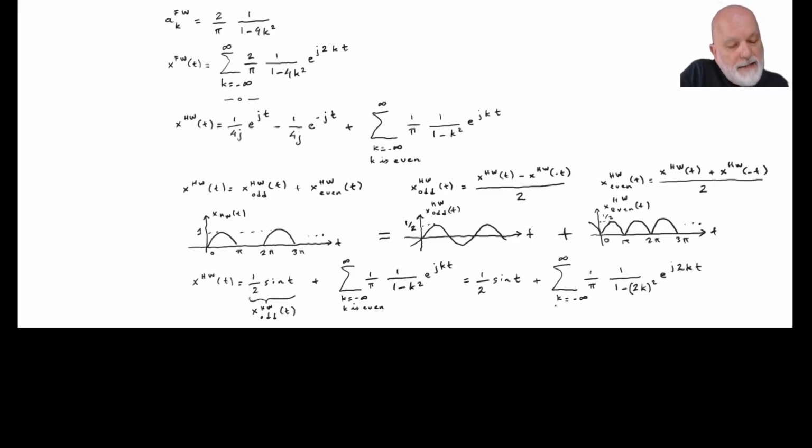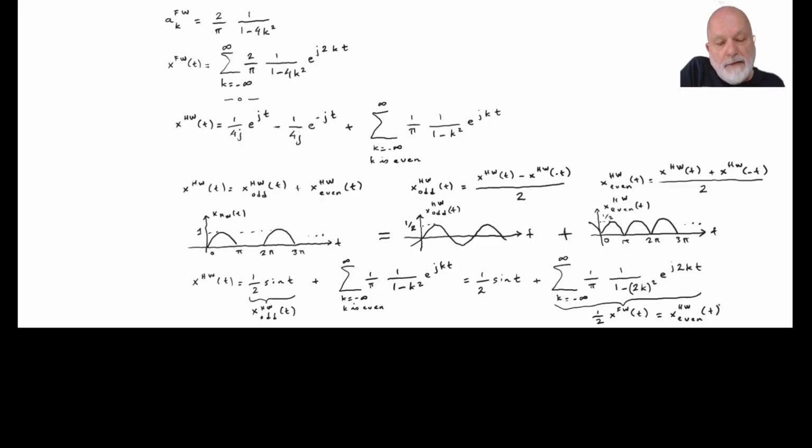But we see that this is nothing but 1 over 2 the full wave rectified sine signal, which is equal to the even part of the half wave rectified sine signal. So there is such a relationship between the full wave and half wave rectified sine signals.